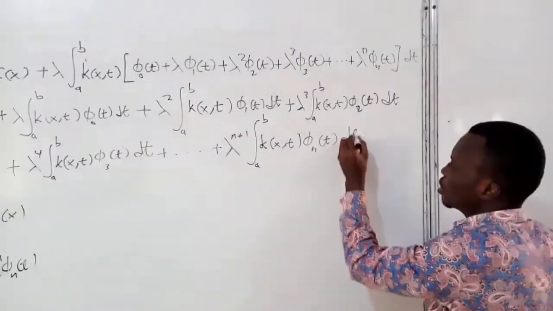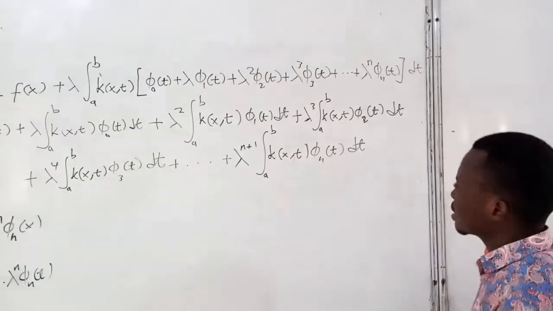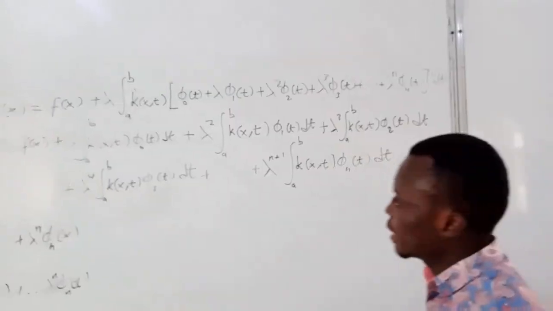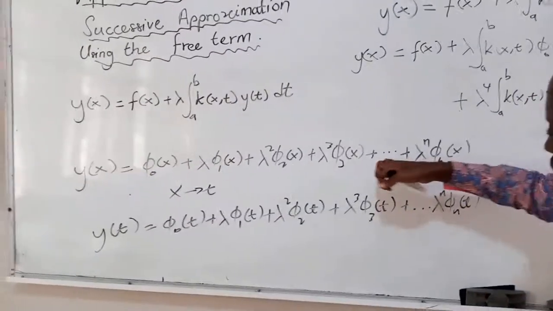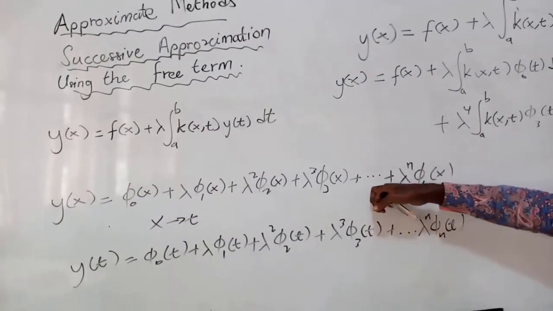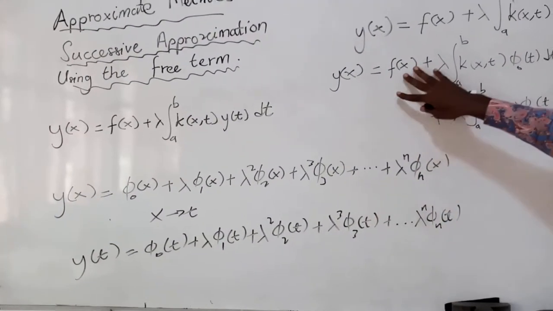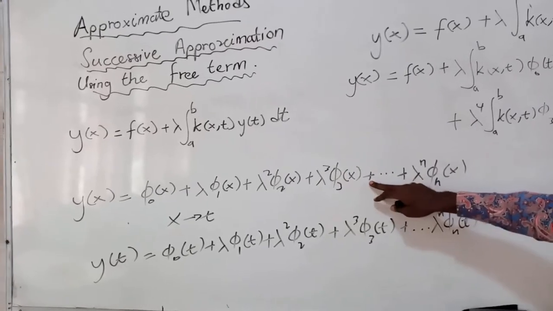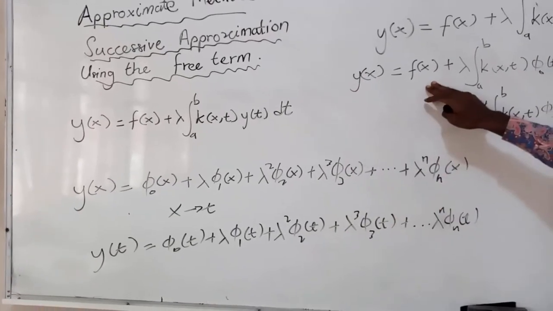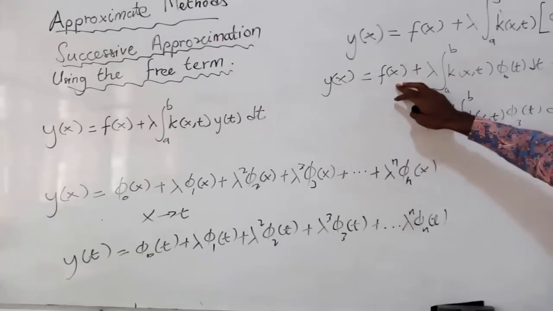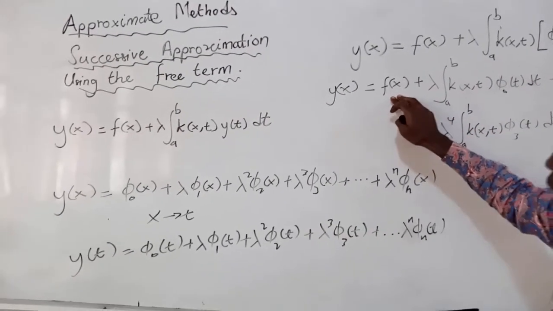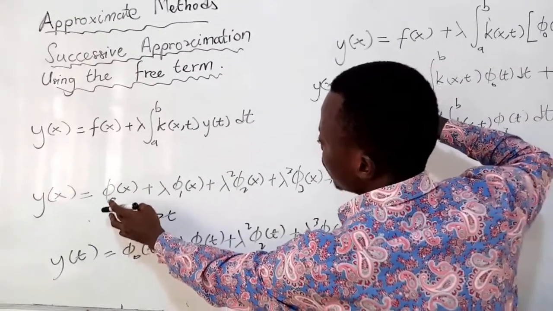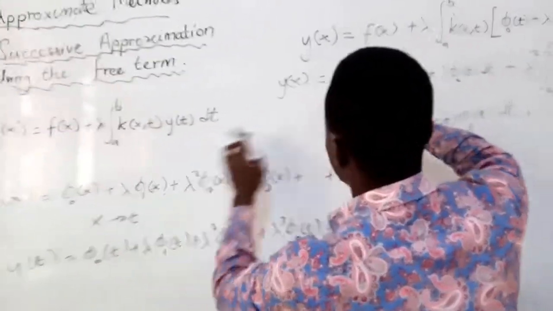Now let's compare this equation for y of s to the series equation. Comparing the two in the powers of lambda, we can see that phi naught of s is the same as f of s.